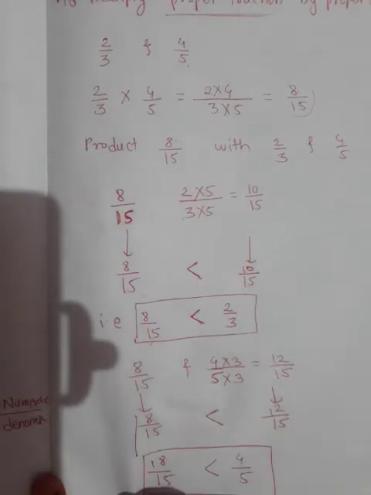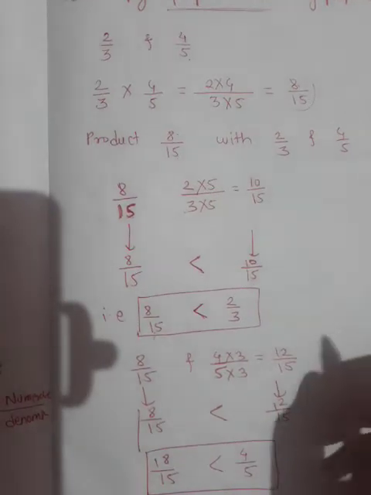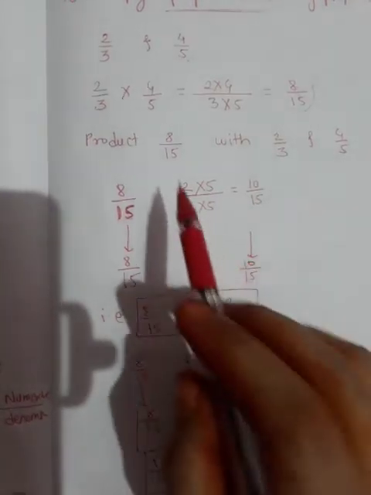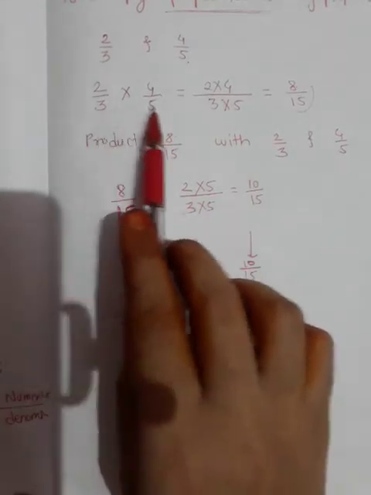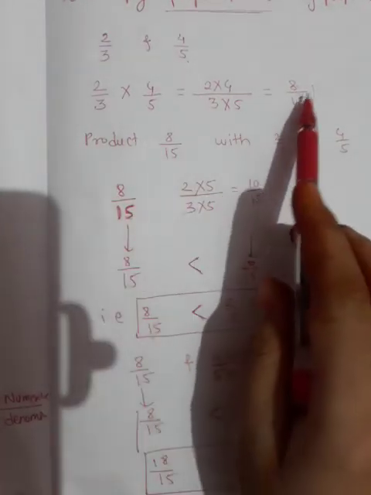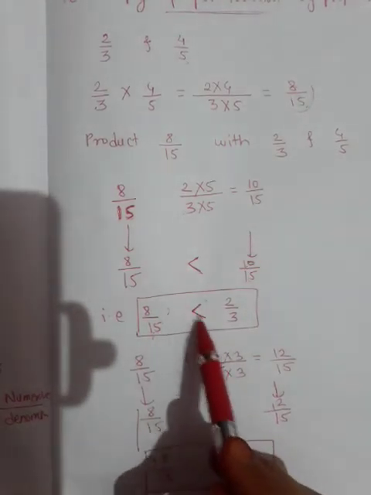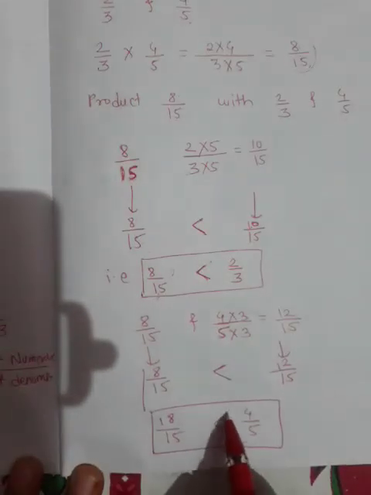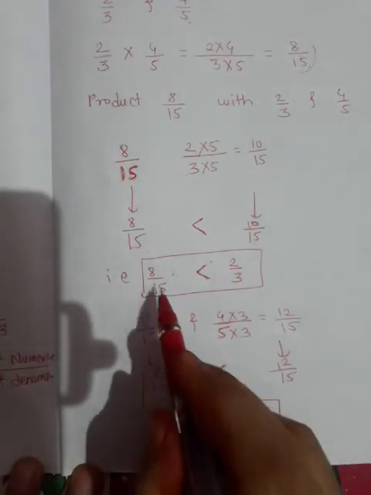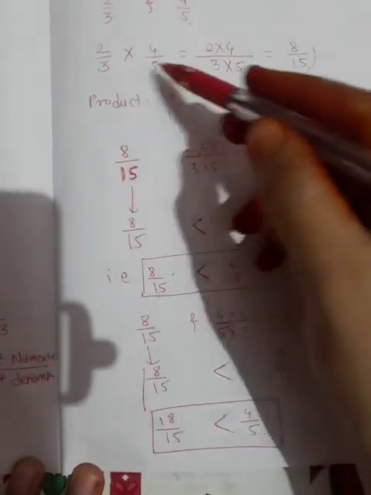So the result we have got is, when we multiply two proper fractions, then the obtained product is less than each of the fractions.